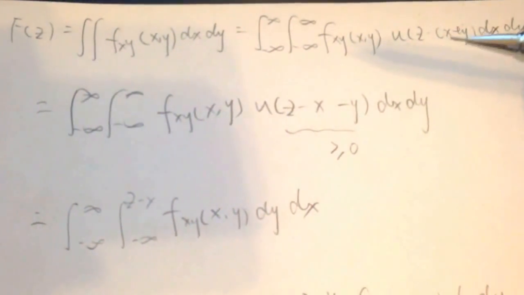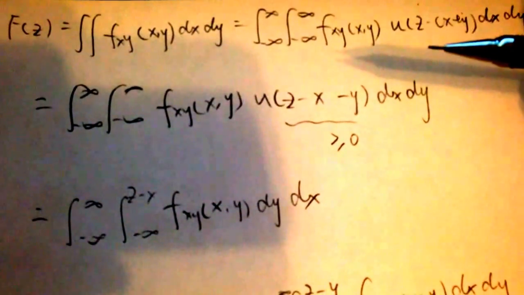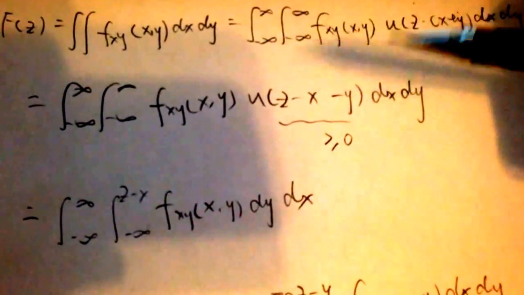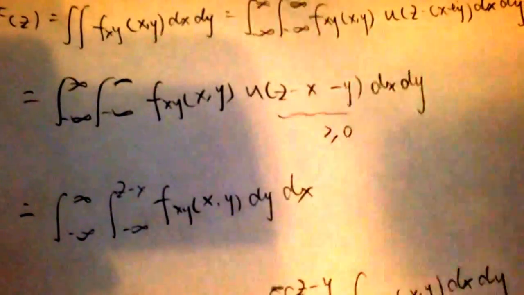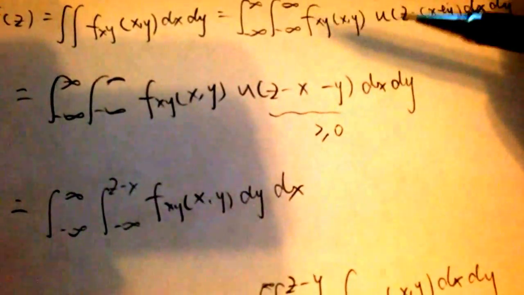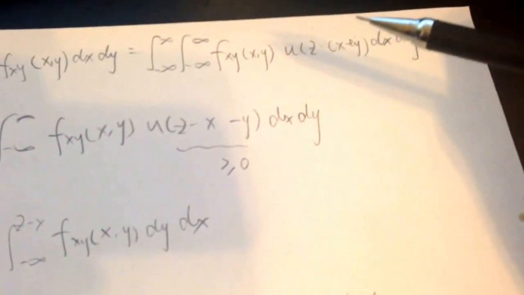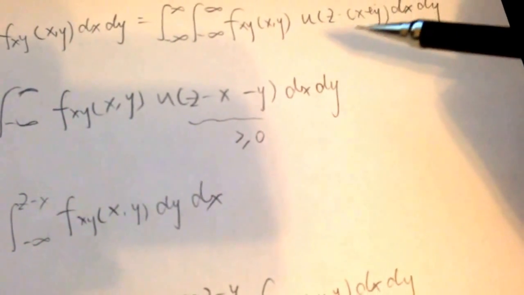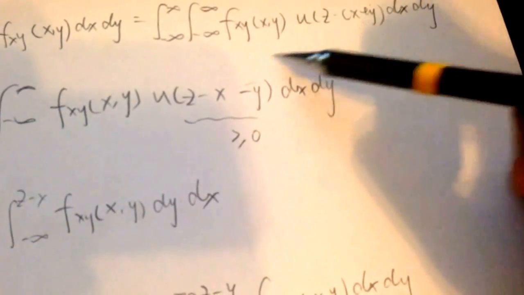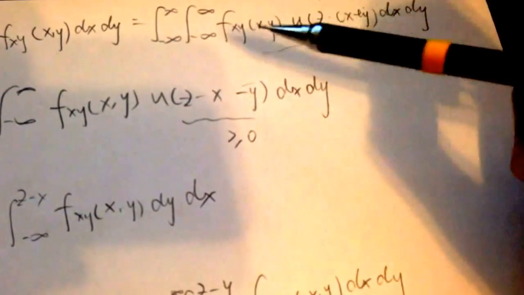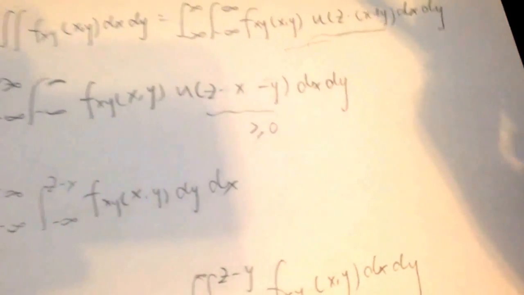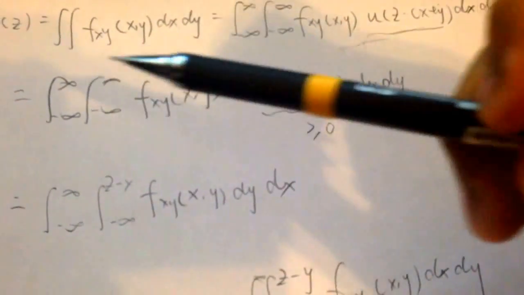And the second method, we want to use the step function. So the capital F of z equals the double integral of f(x,y) of x, y, and here we can add u of z minus x minus y, because this doesn't affect the function.